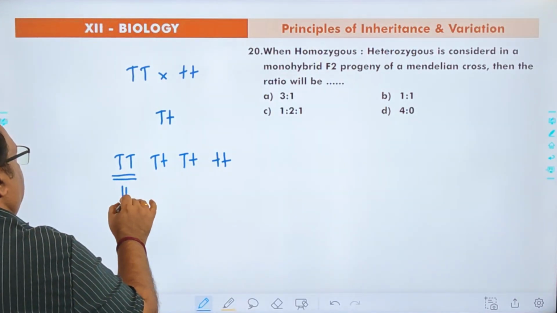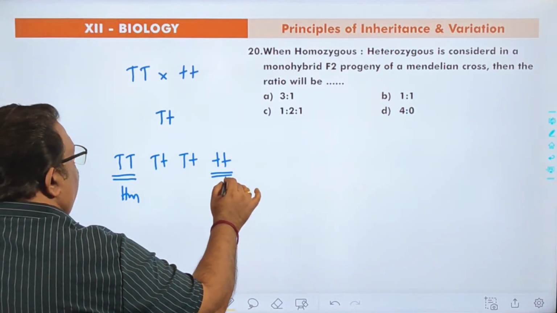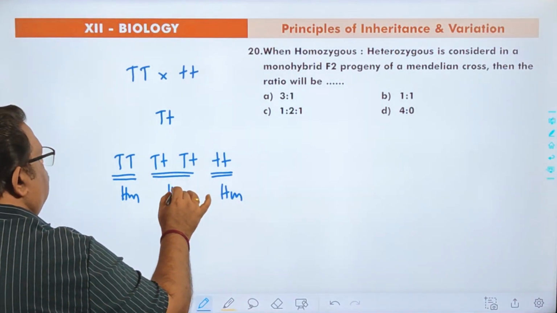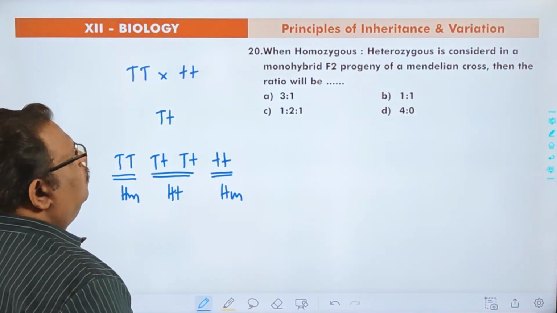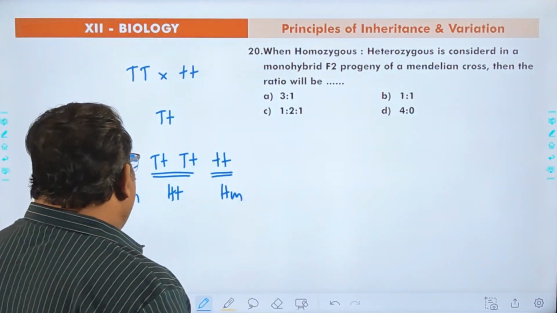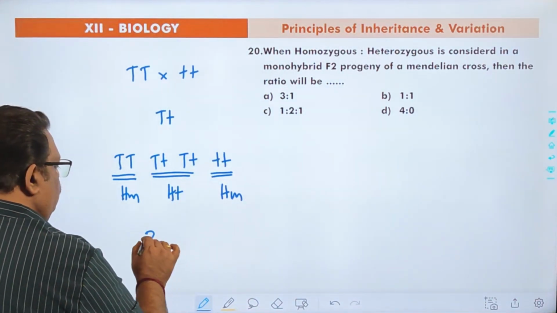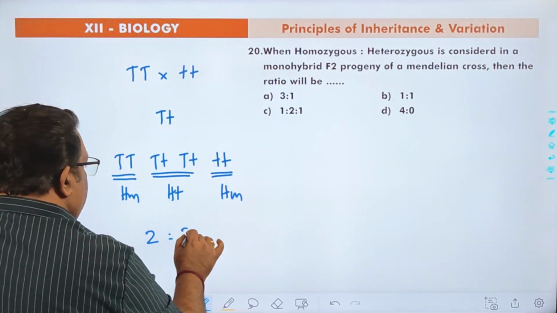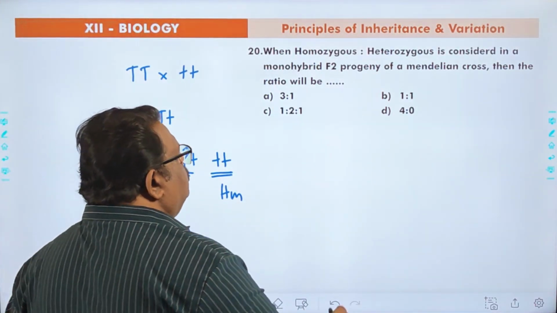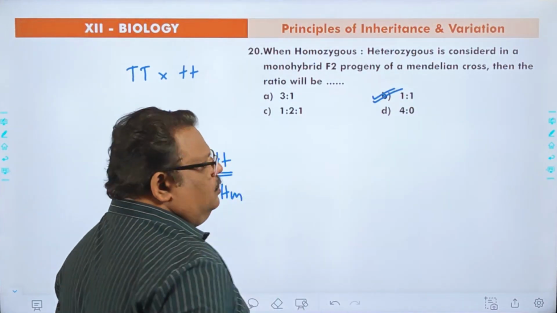Capital T capital T is homozygous, small t small t also is homozygous, but capital T small t is heterozygous. How many homozygous are there? 2. How many heterozygous are there? 2. Then the ratio will be 2:2, means 1:1. B is the right answer.